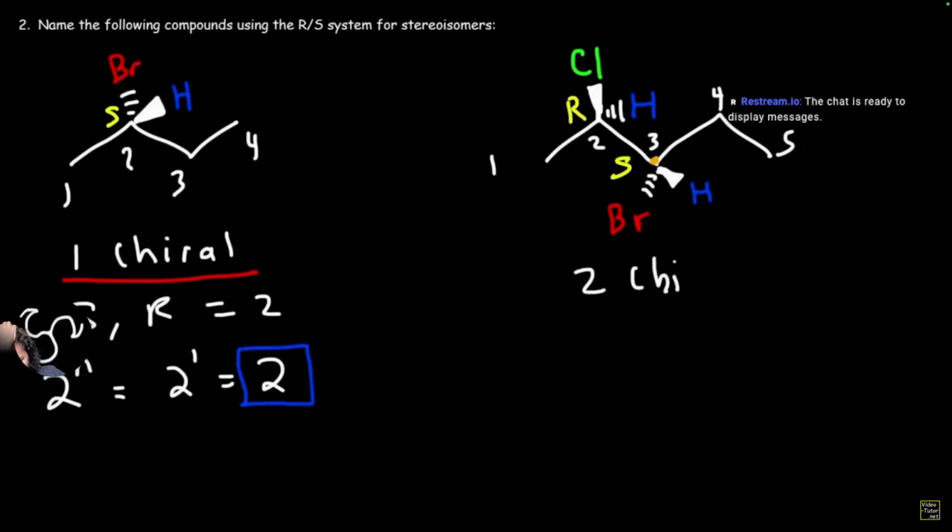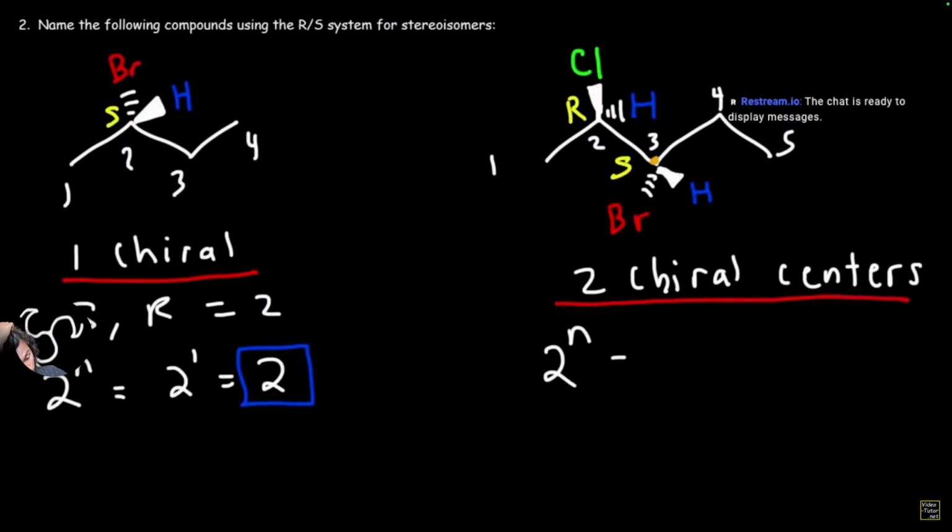Now what if we have 2 chiral centers? How many stereoisomers are possible? Well, n is 2, so it's going to be 2 squared. 2 squared is 2 times 2, which is 4. So we have 4 possibilities.